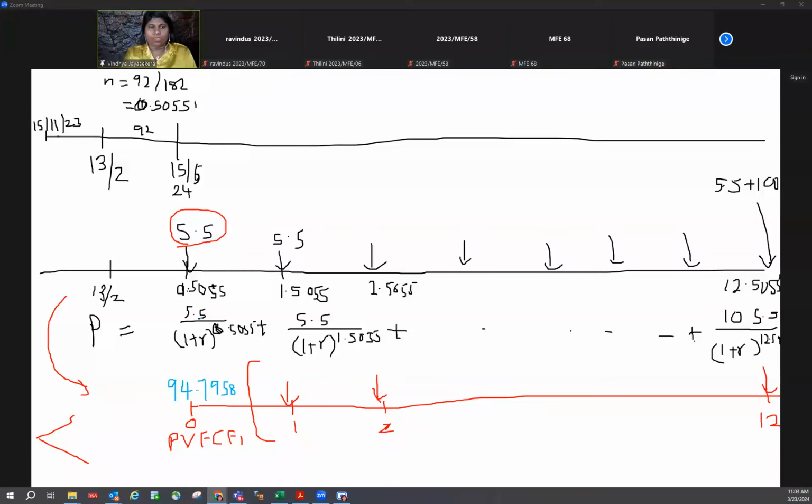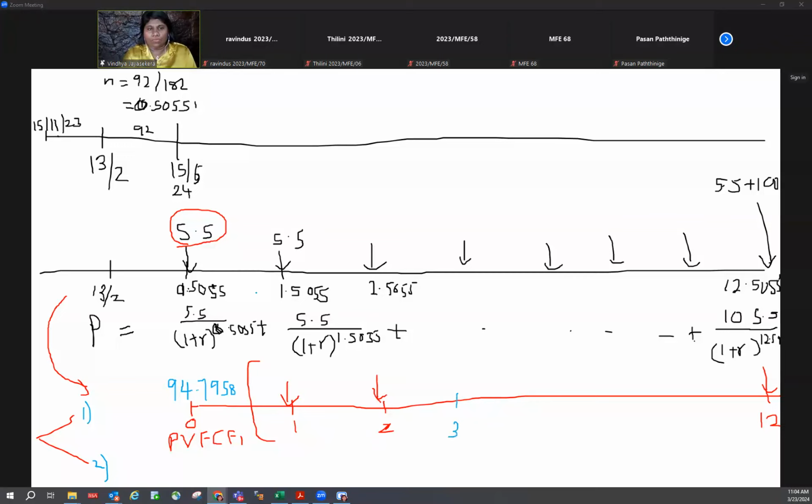So here I haven't taken this 5.5 into account. I have another cash flow that occurs. That's the second part. This is the first set of cash flows. This is the second set of cash flows. The first set of cash flows have equal full periods, right? First period, second period, third period.